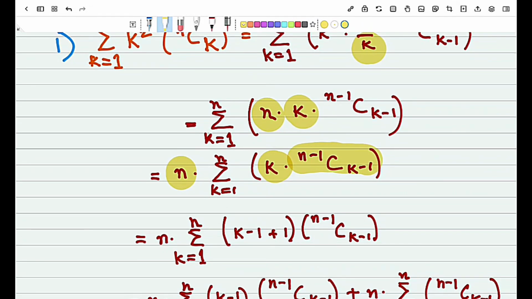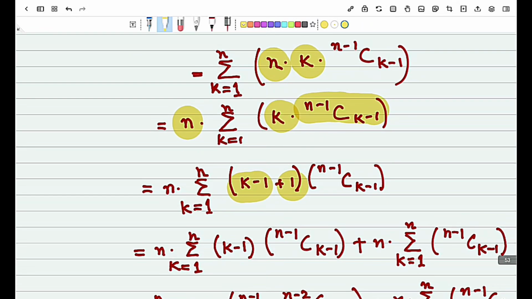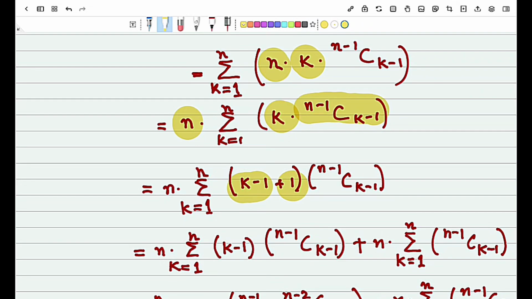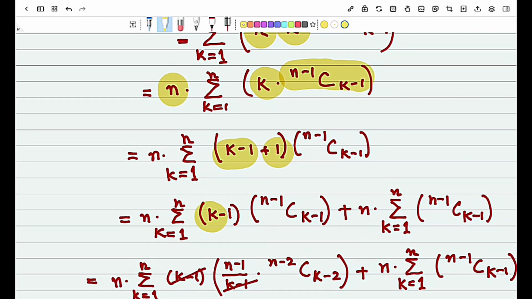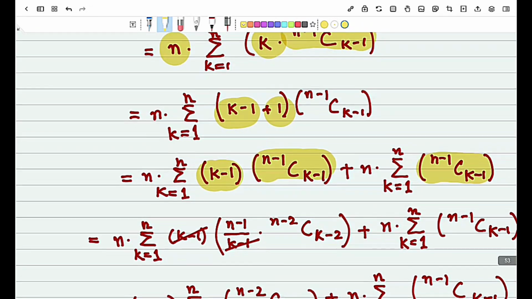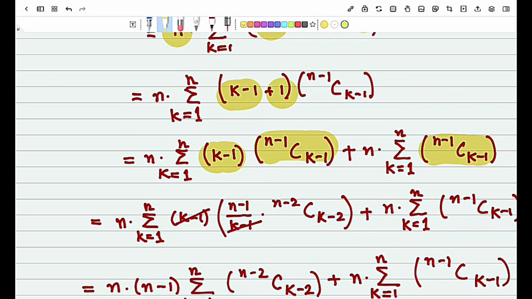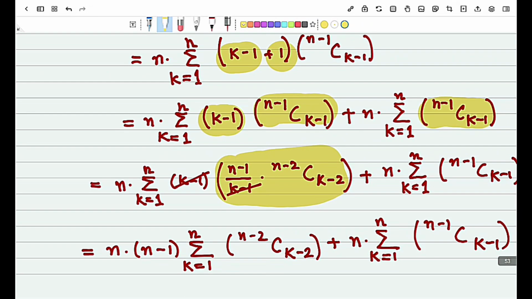Now we can break this k into two parts, that is (k minus 1) and 1, right? So after that, we can open the brackets, and we'll have (k minus 1) times (n minus 1)C(k minus 1), and we have another (n minus 1)C(k minus 1). Now again applying the property of the binomial, we will end up with a simple binomial expansion, right?